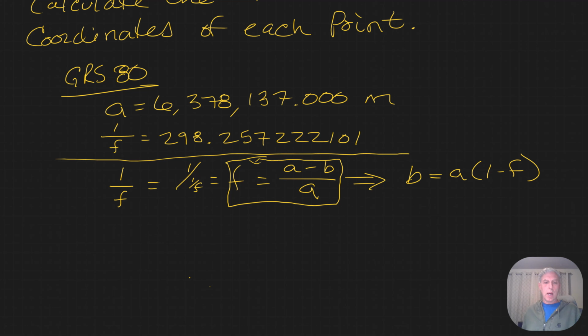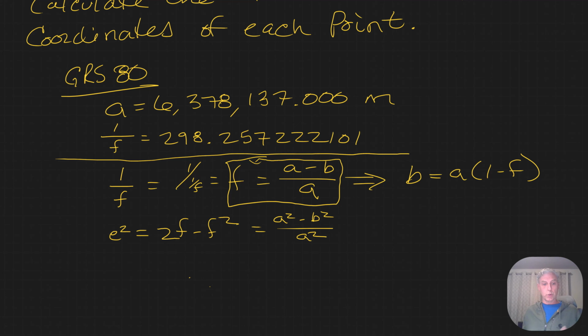And then we need to calculate the square of our eccentricity, which is equal to one of the forms is 2f minus f squared. It also equals a squared minus b squared over a squared. And from that, of course, we take the square root.